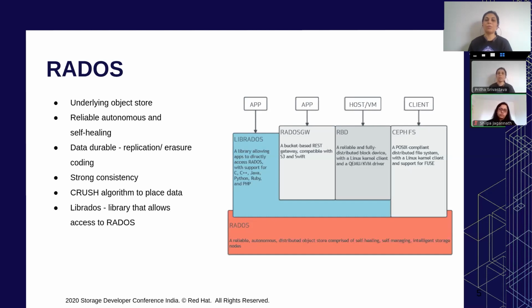It is responsible for data placement in the cluster using an algorithm which is known as CRUSH, and CRUSH is a hash based algorithm. And RADOS provides strong consistency as opposed to performance, in the sense that you will always get back whatever you write to the storage cluster.